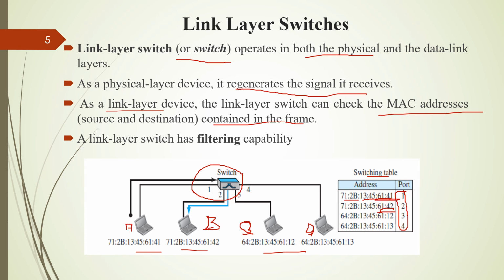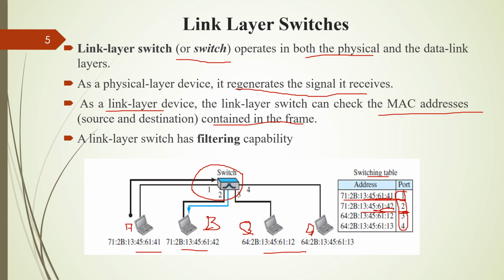So, from the switching table, 61:41 will be sent to port 1, and it will also check the destination port by referring to the destination MAC address. From the switching table, it will identify that it is to be sent to port 2.